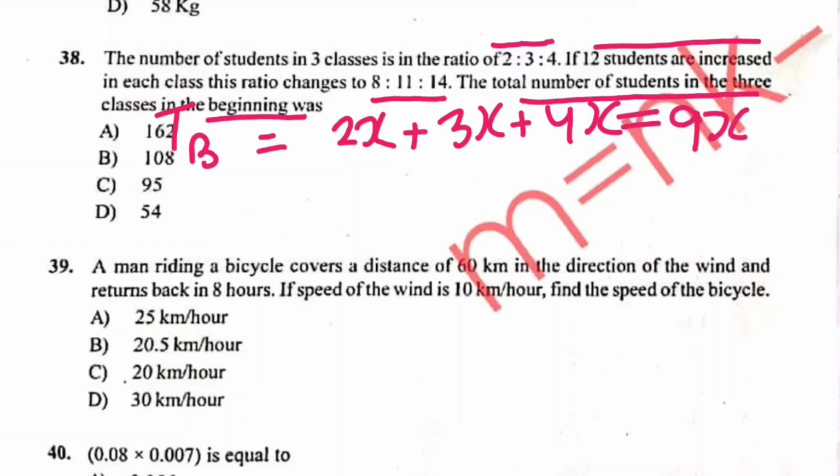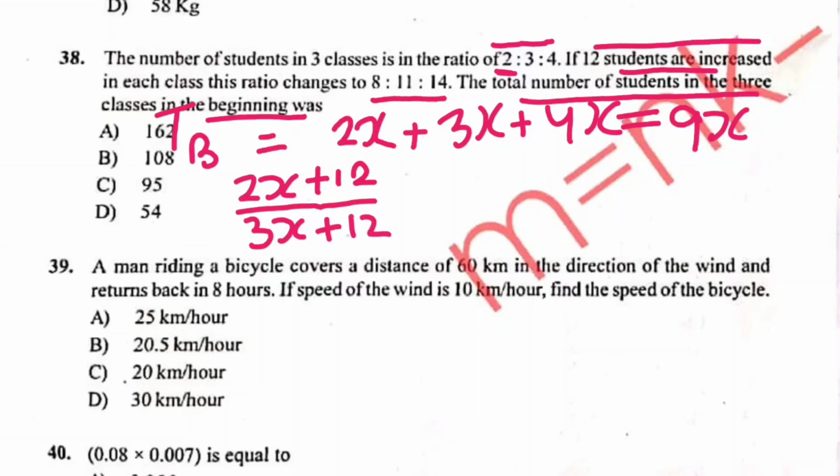Okay. Now we are being told that if 12 students are increased in each class, this ratio changes to 8:11. Let's take the ratio of the first 2 classes. Okay. So obviously initially we have 2x number of students. Now we have 2x plus 12 because each class is added by 12 students. Then in the second class we will have 3x plus 12 and it is equal to 8:11.